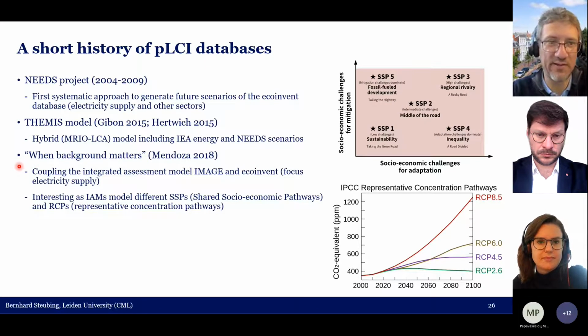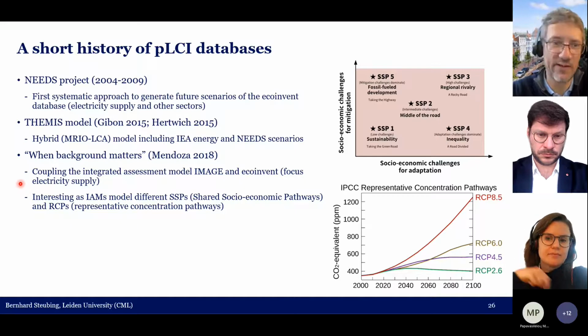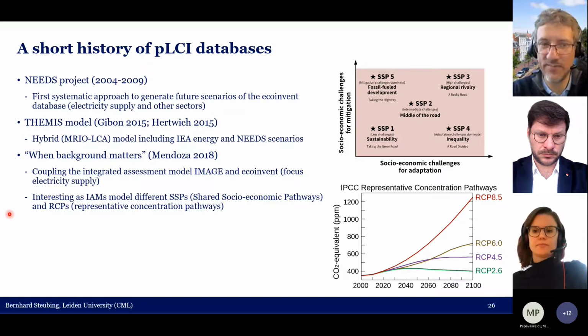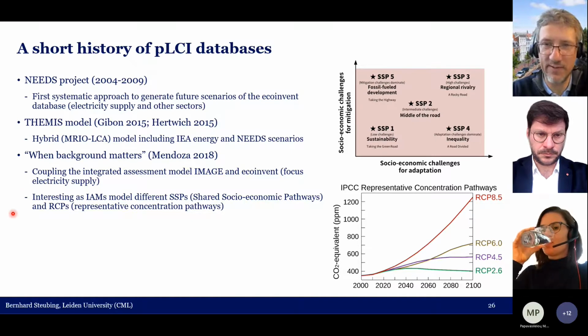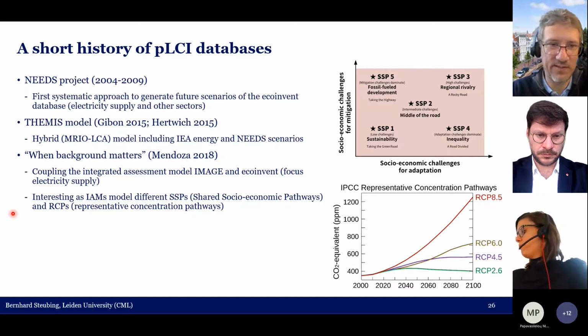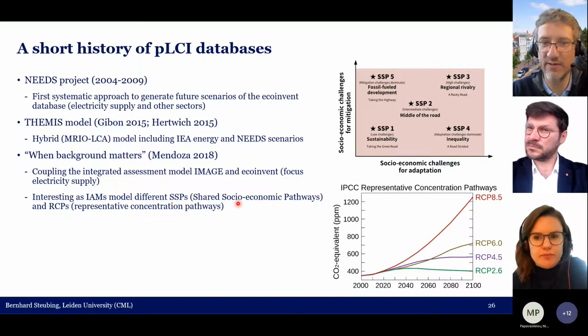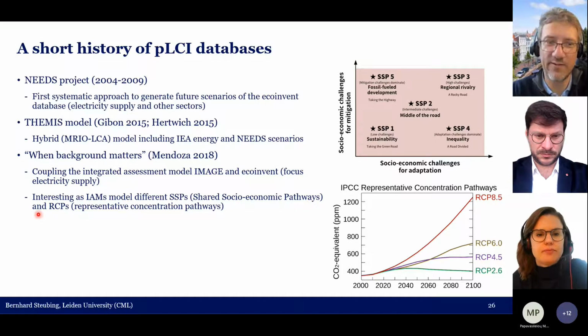Another big milestone was the study When Background Matters from Mendoza in 2018. And that, for the first time, coupled an integrated assessment model, the IMAGE model, with the EcoInvent database, also for electricity supply. The interesting aspect here is that the IAMs model different SSPs, shared socioeconomic pathways, and RCPs, representative concentration pathways.